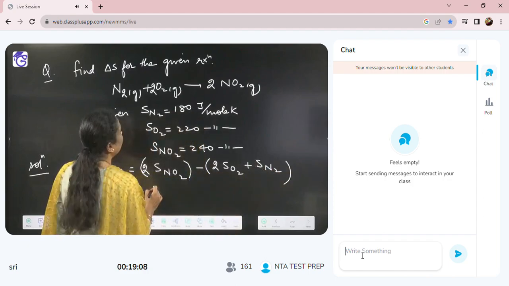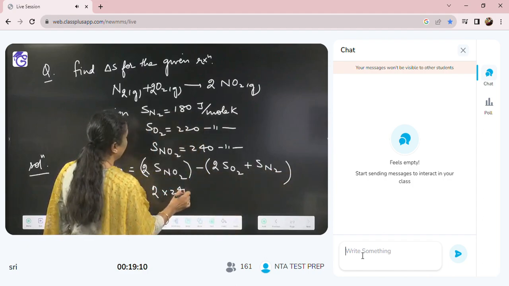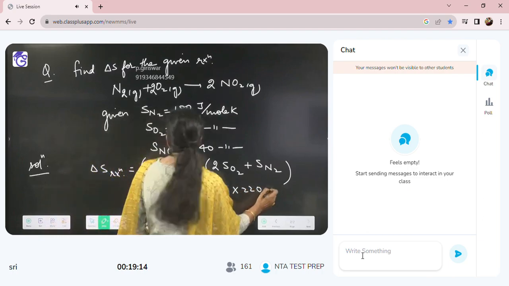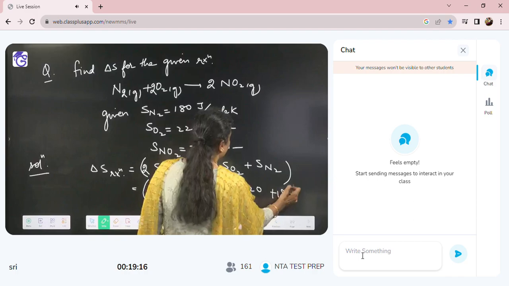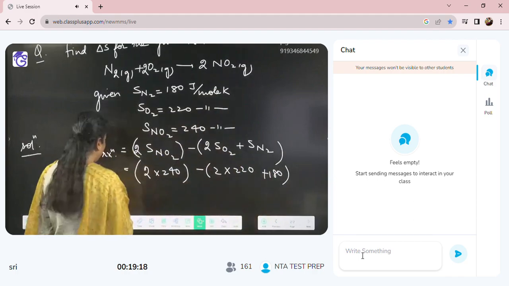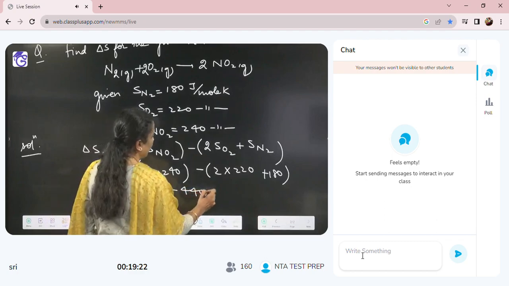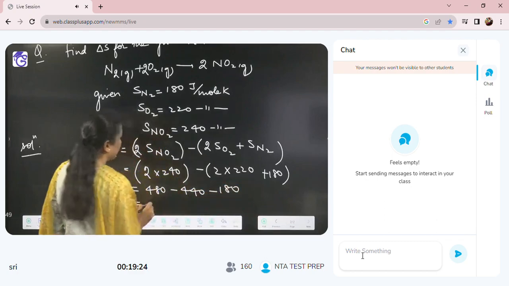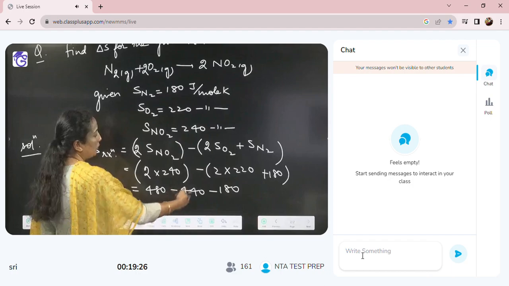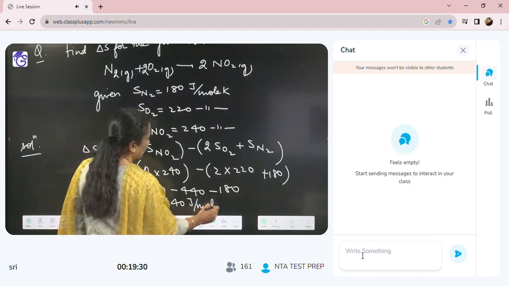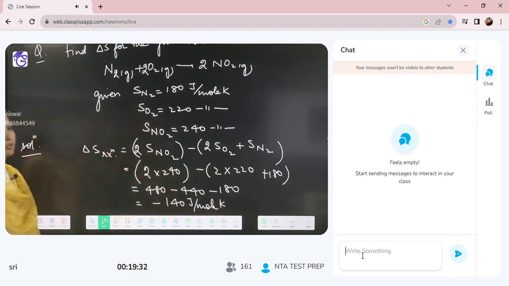So here you will be getting 2 into 240, minus entropy of O2 is 220, plus entropy of N2 is 180. So you will be getting 480 minus 440 minus 180. So basically you will get 40 from here and ultimately minus 140 straight away. Joule per mole Kelvin. There's no doubt about it.